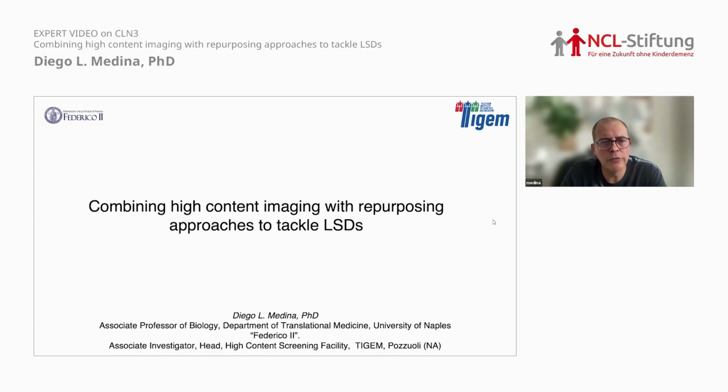So today I would like to talk about our platform of drug discovery that I entitled Combining High Content Imaging with Repurposing Approaches to Tackle Lysosomal Storage Disease, or LSDs.